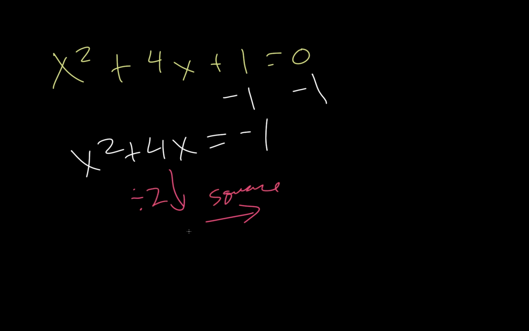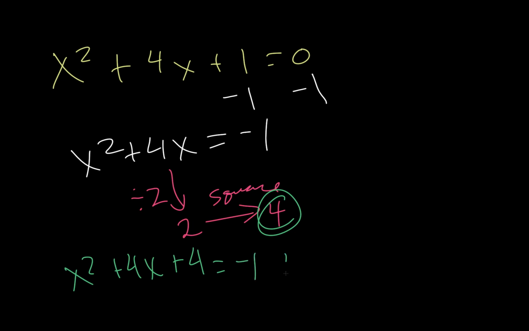So if we divide 4 by 2, we get 2. If we square it, it becomes a 4 again. Now we need to add that to both sides of this equation up here. So we have x squared plus 4x plus 4 came from here. Then we have -1 plus 4 once again right there.